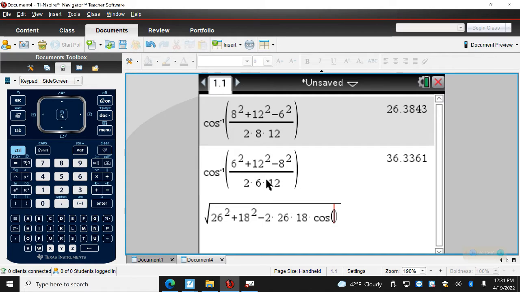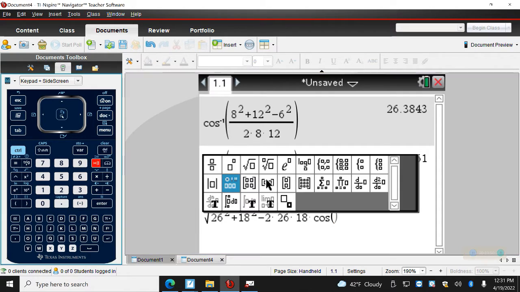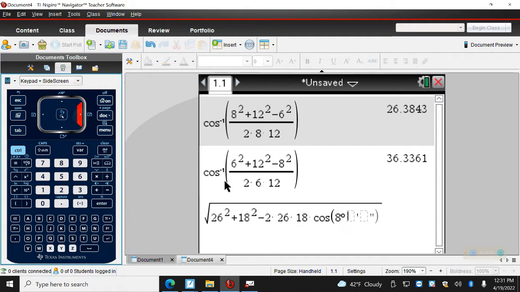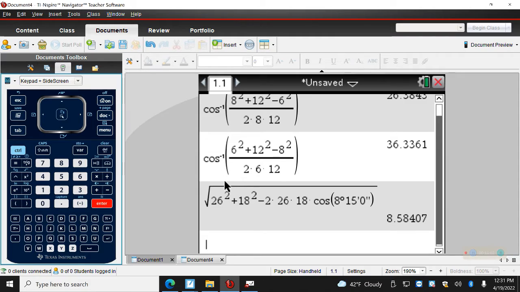Now, if you're using my calculators, where do I get degrees, minutes, and seconds from? To the right of the 9, there's my degrees, minutes, and seconds, and this is going to be 8, 15, and then how many seconds are there? 0. Do you have to put the seconds in every time? I do believe you have to. I don't think it'll calculate it without.